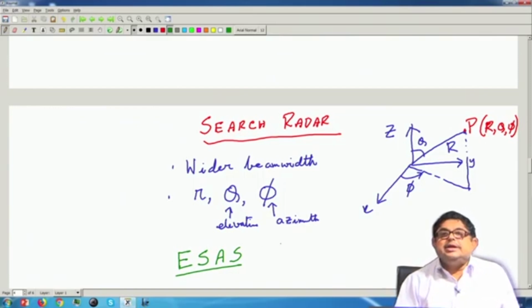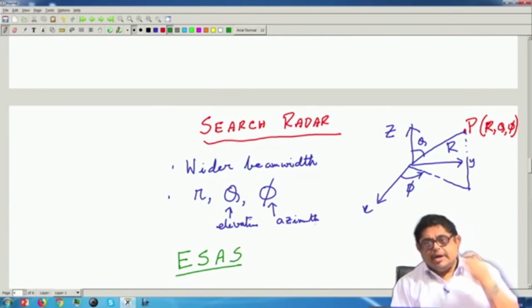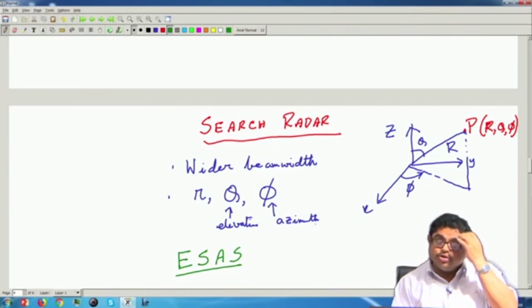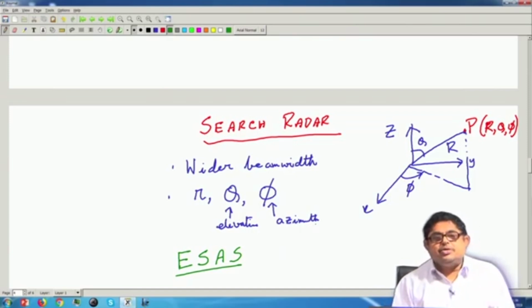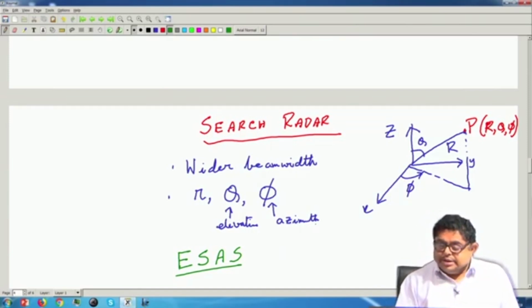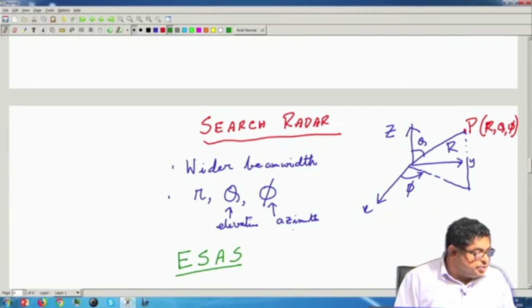In that case that problem is also not there, but in our country most of the radars have this mechanical system. That is why you should know that the search radar cannot measure this theta and phi very accurately.